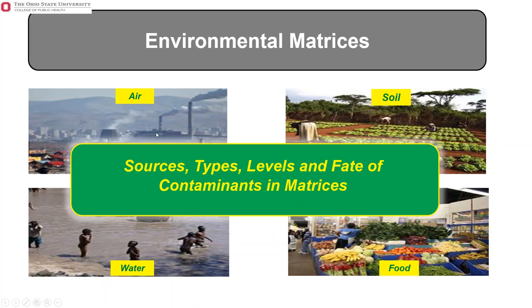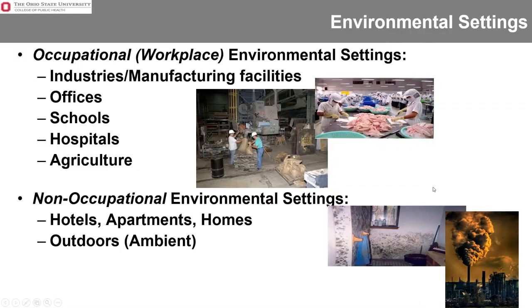But the point is there are sources here. You can see in this photo of manufacturing industries, the emissions from that. So this is the primary source, but then the emissions contaminate the air, and now the matrix air is contaminated. And if you inhale that air, then you are exposed. The same concept holds for water and soil and food. And so when we talk about the environment, you have to recognize that there are various environmental settings.